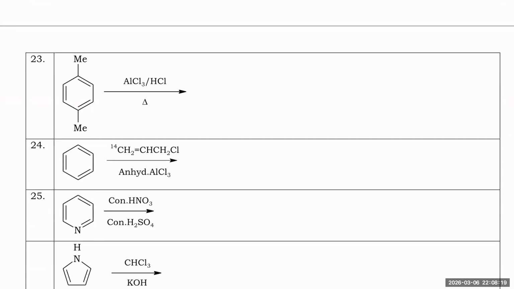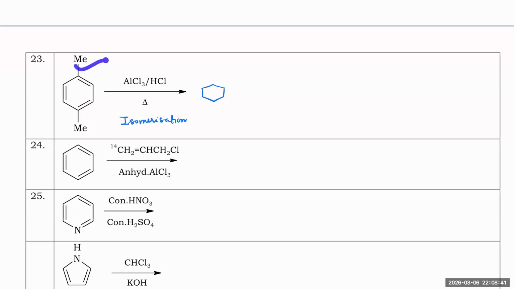Next set of reaction. In case if you use AlCl3 and HCl, this is called an isomerization reaction. So basically, it will remove the methyl group from one position as a CH3 plus kind of a group, and then it will make a substitution on that. Okay.